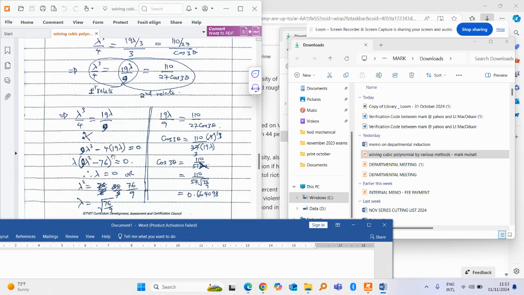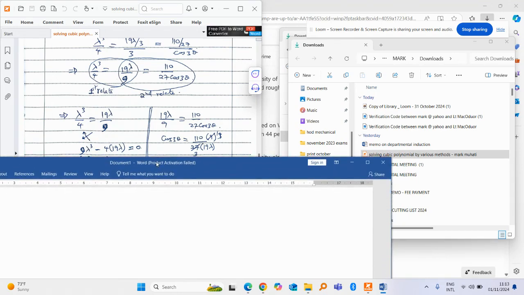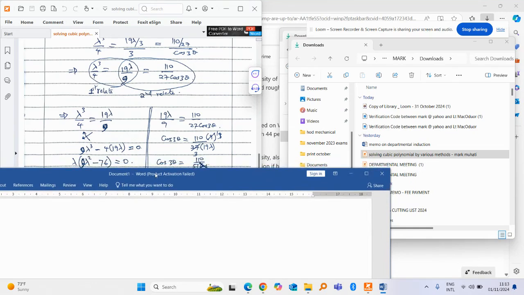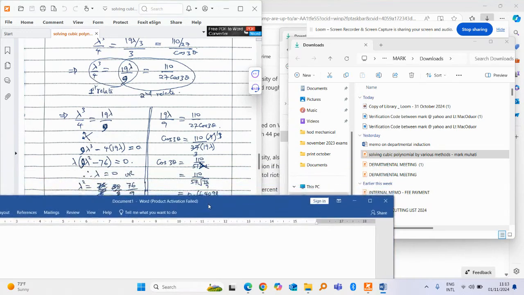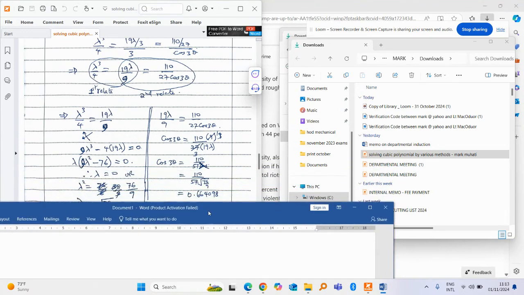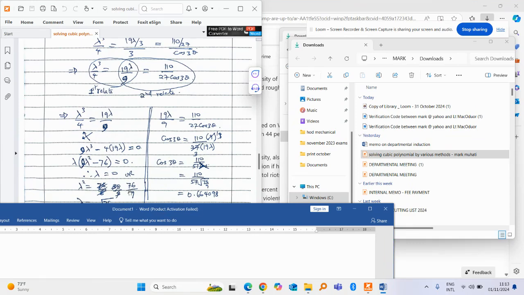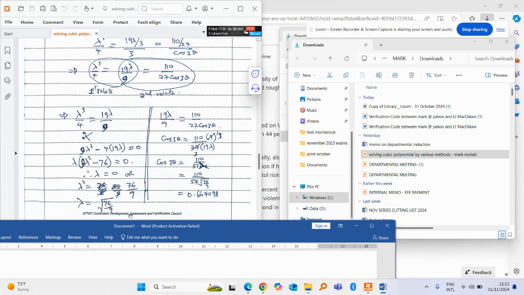When we cross multiply, that's what we get. Then we factorize. When we factorize, we have lambda outside, and the first value of lambda is 0, or lambda squared is equal to 76 over 9. That means lambda is going to be the square root of 76 over 9.